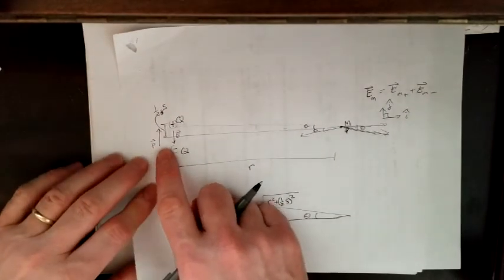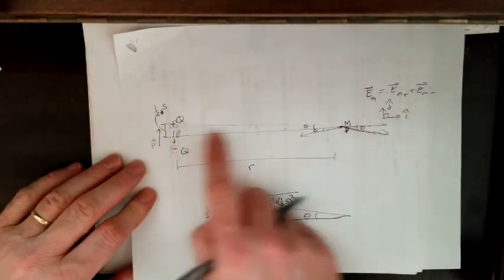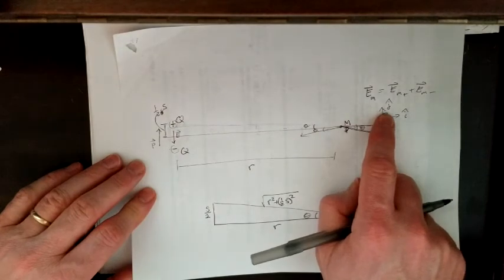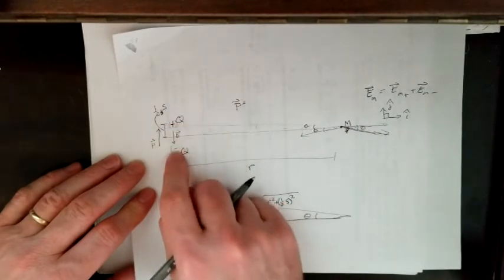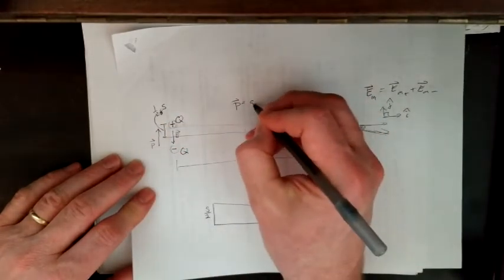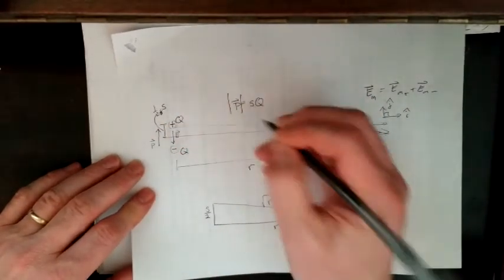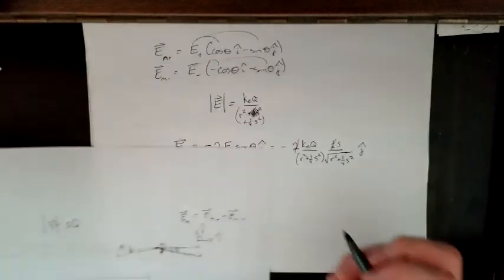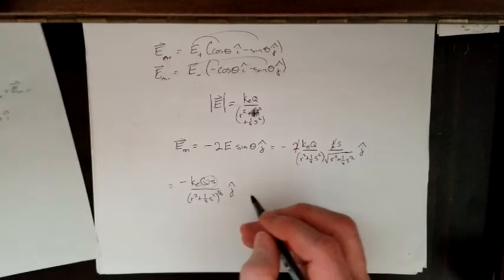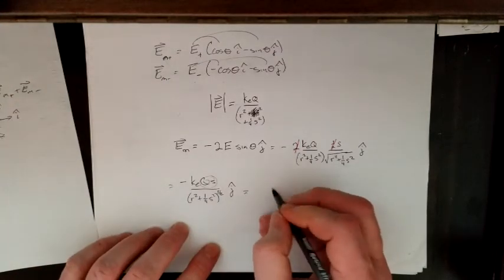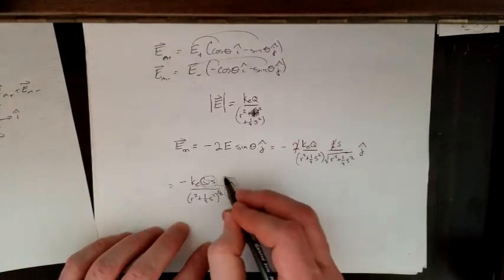Now recognize that my electric dipole moment is in the positive J hat direction. And the magnitude of the electric dipole moment is equal to the distance between them, which is s, times the charge. That's the magnitude of it. Hey, that is exactly what we have right here. And since it's in the J hat direction, that is my electric dipole moment.